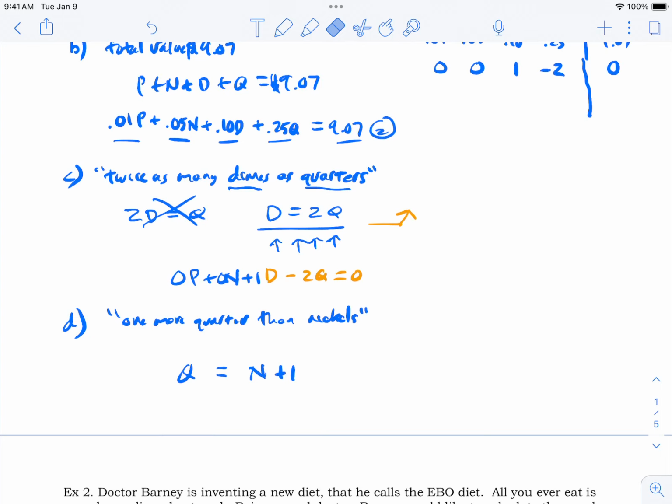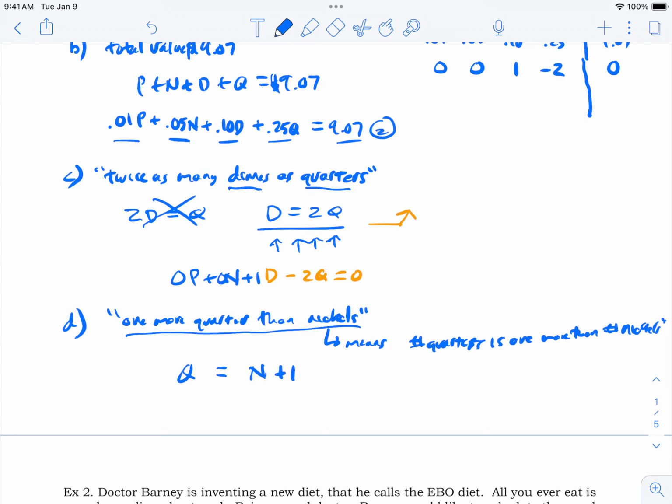Another way you might look at this, if you like playing with words, 1 more quarter than nickels really means that the number of quarters is 1 more than the number of nickels. That's kind of rephrasing it. It means the same thing, right?